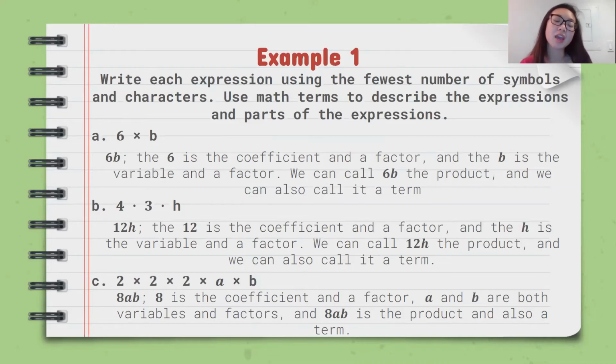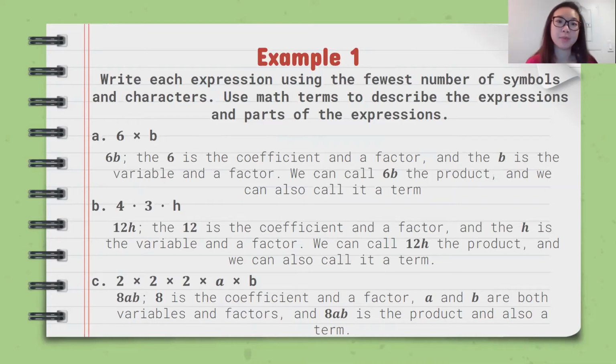So in A, the 6 is the coefficient and the factor, and the B is the variable and the factor. We can call 6b the product, and we can also call it the term. So the product is the answer of 6 times b, and then we put 6b next to each other.